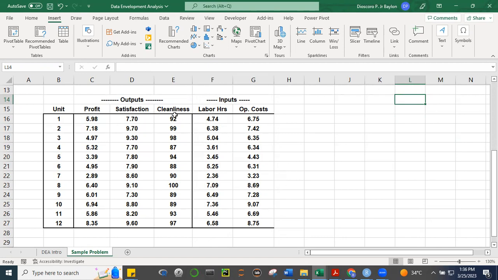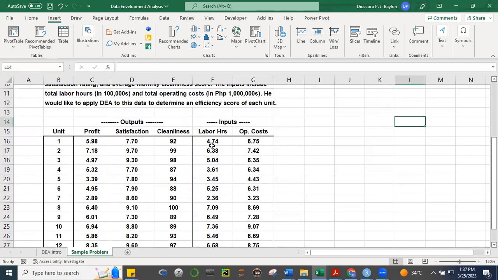For the outputs, the higher the better. So you should not have treated this as complaint rate. If, for example, the company has data also about complaint rates, then that cannot be an output. Rather, maybe a rate of positive comments, so that can be an output because it's something that's the higher the better. For the inputs, it's the reverse. The lower the better.